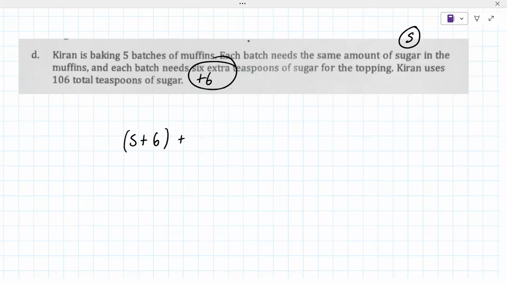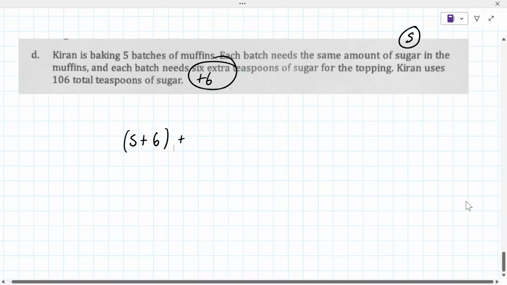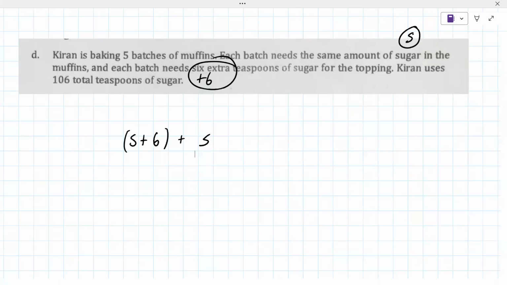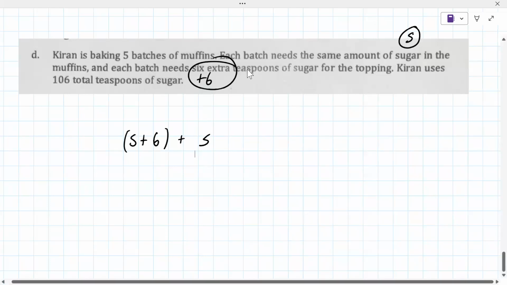And then how much for the second batch? S. She needs S again, but each batch also requires an extra 6.